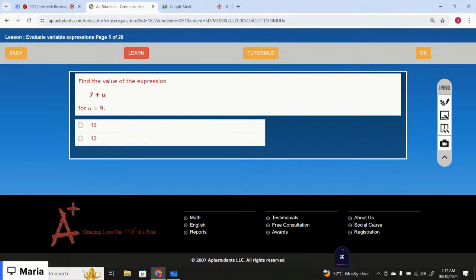That is 7 plus 9 equals 16. 16 is the correct option, right? Option number 1 is the correct option, that is 16.